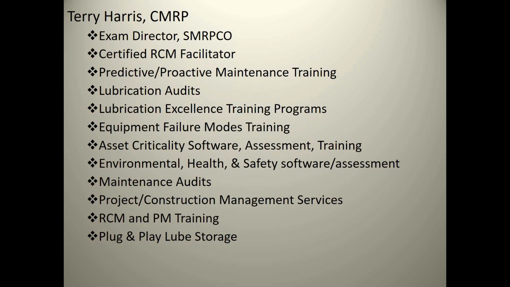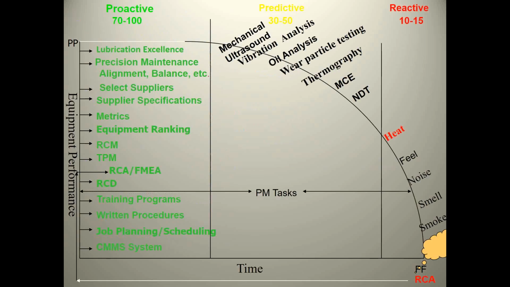for getting particles out. So again, always training off the PF curve, where we have our reactive failures to the right side of the curve and where people mostly do maintenance, all the way up to where we are on the left-hand side of the PF curve. And we're still in this one called Lubrication Excellence.